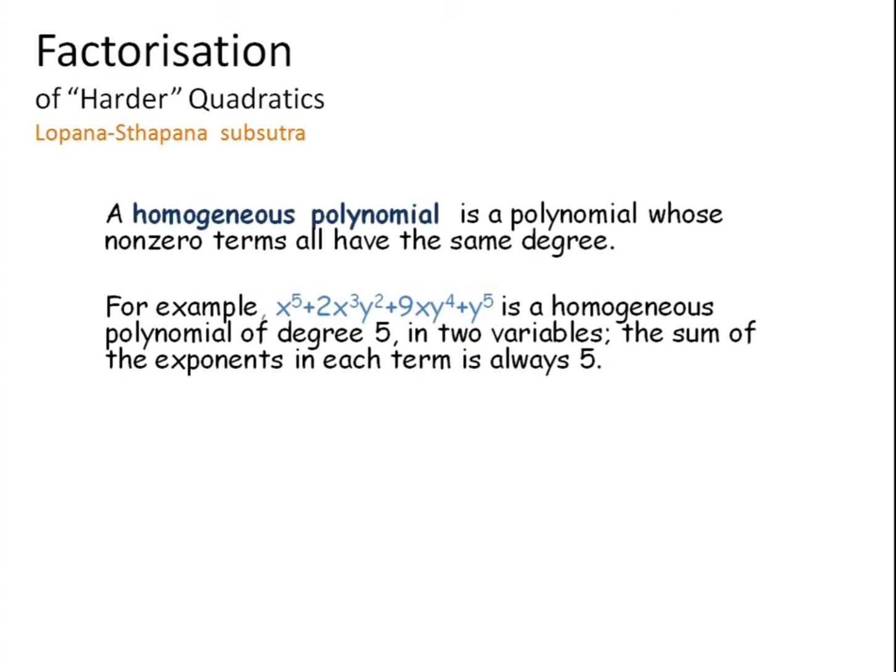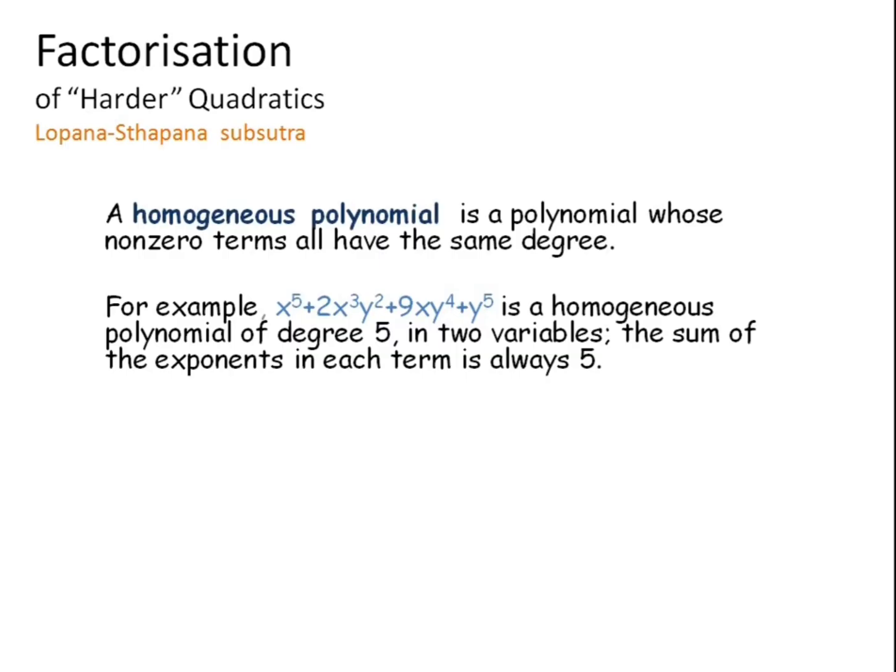For example, if we take this polynomial x power 5 plus 2x cube y square plus 9x y power 4 plus y power 5, you can see that in each term of the polynomial, if you add the sum of the powers, then that is the same in all the terms and it is 5. It is constant. So this is a homogeneous polynomial of degree 5.